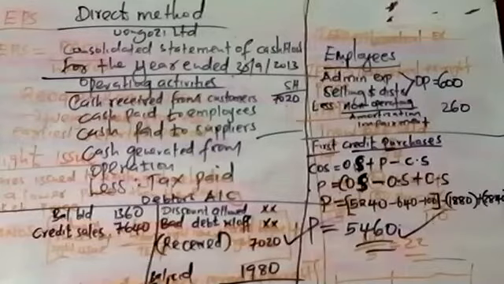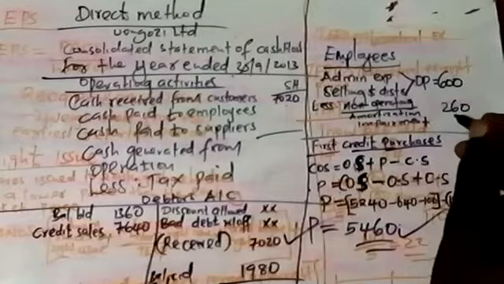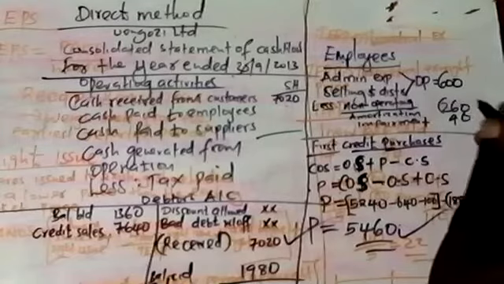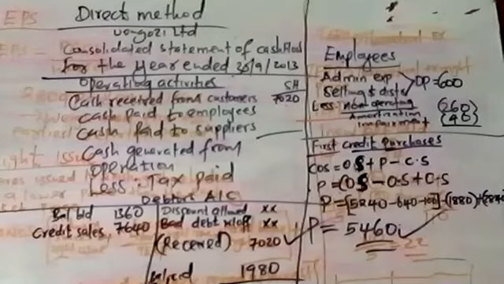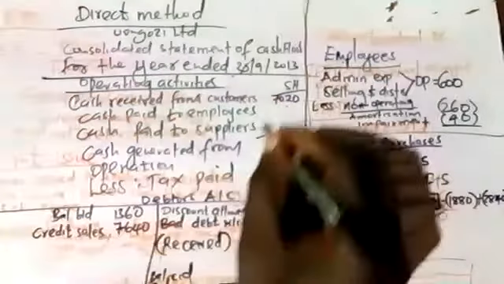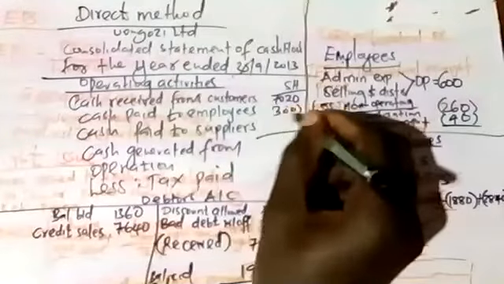Then impairment we got 40. So if you subtract, 600 minus 260 minus 40, what are you getting? 300. So that is what you were supposed to subtract here.